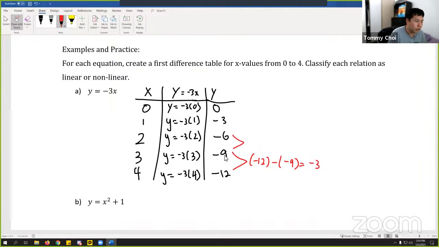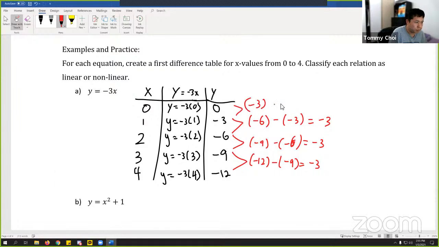Then the next two like this, -9 minus -6 is equal to -3. -6 minus -3, and then -3 minus 0 is -3.